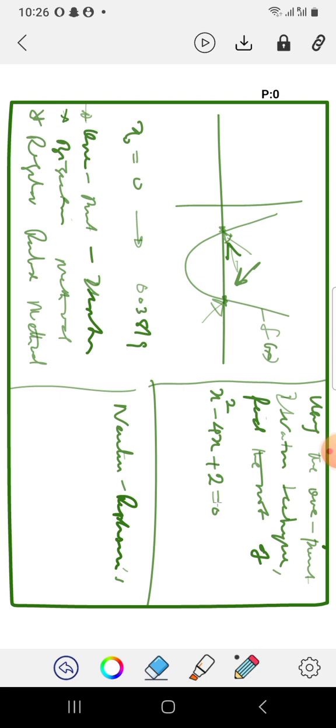Let's find the value of x when x squared minus 4x plus 2 equals 0. Let's say this is number 1. Number two, watch this video and create a sexy note out of it.